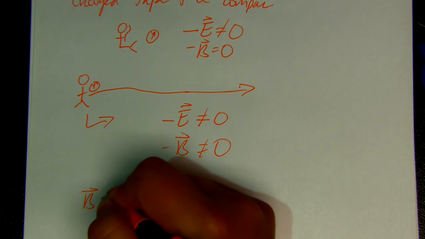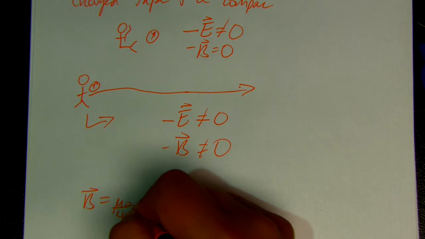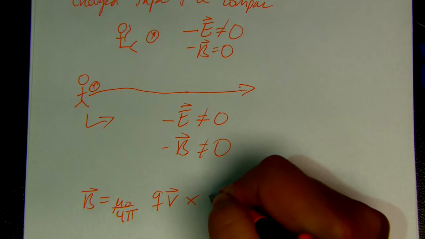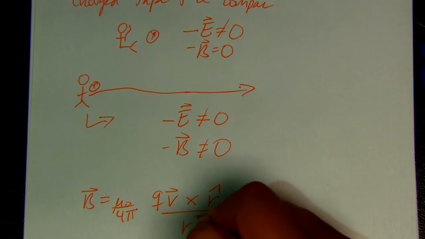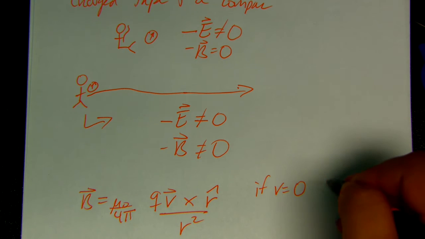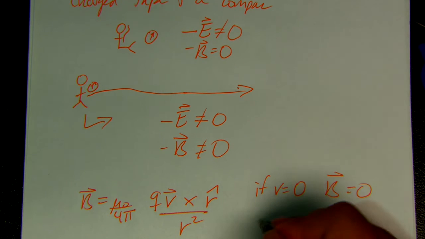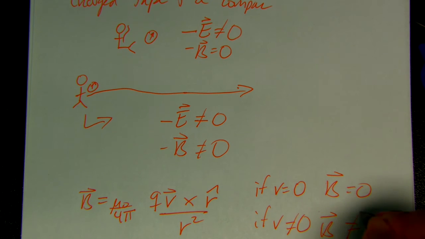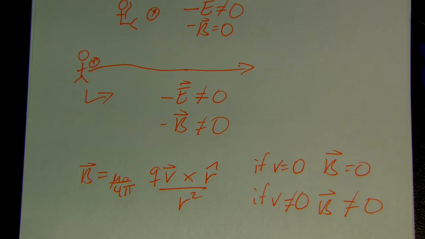So remember, magnetic field is mu naught over 4 pi, Q V cross r hat over r squared. So if V is equal to 0, then the magnetic field is equal to 0. And if V is not 0, then you'd have a magnetic field not 0. So we can see perspective matters. Now you might be asking, well, then what do we use?